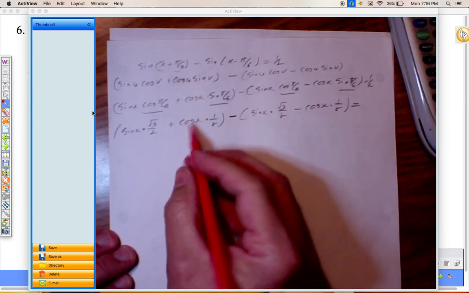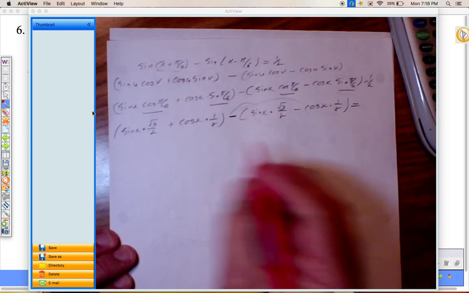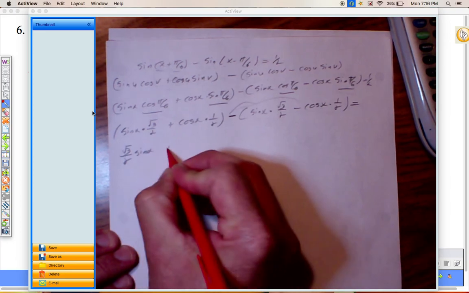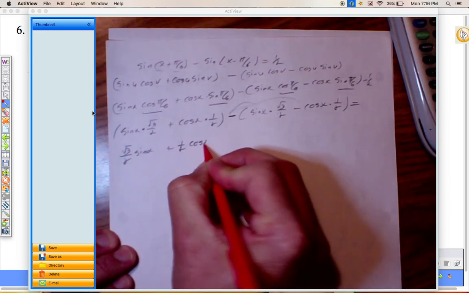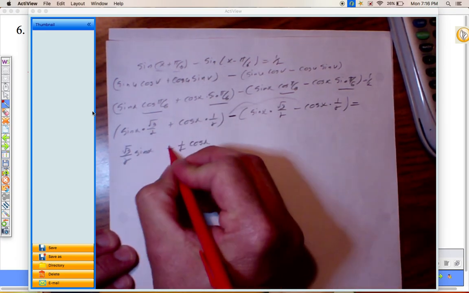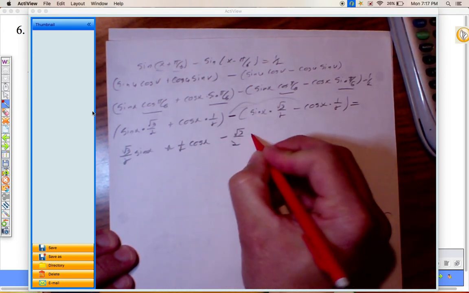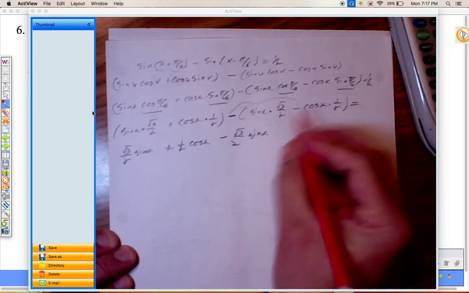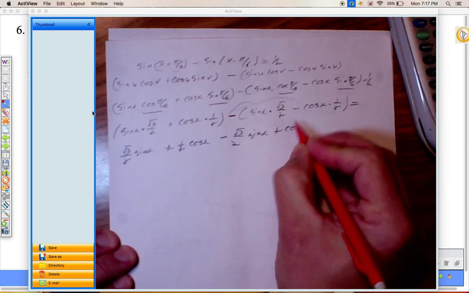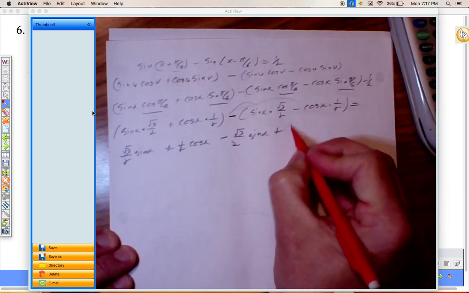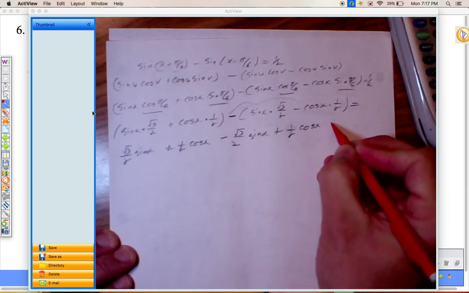Now, we're going to distribute this negative sign. So I'm going to put my coefficients in the front. Minus square root of 3 over 2 sine x, minus minus is a plus 1/2 cosine x.